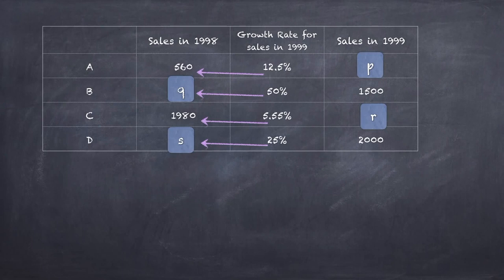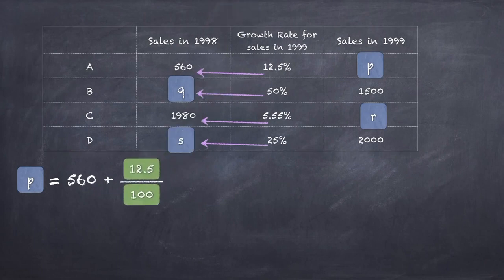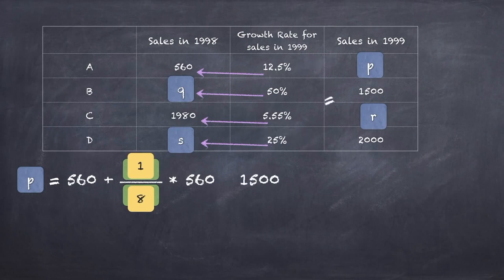That means to get the value of sales in 1999, that is P, I will take 560 plus increase it by 12.5% of 560 to get to the value of P. And that is also my equation if I want to figure out the value of P. So the only thing that we'll do new is replace that 12.5 by 100 with a fraction. Maybe by now you've started using fractions instead of this divided by 100 form. That's the only thing that we'll do extra here, and I can solve this equation pretty easily.